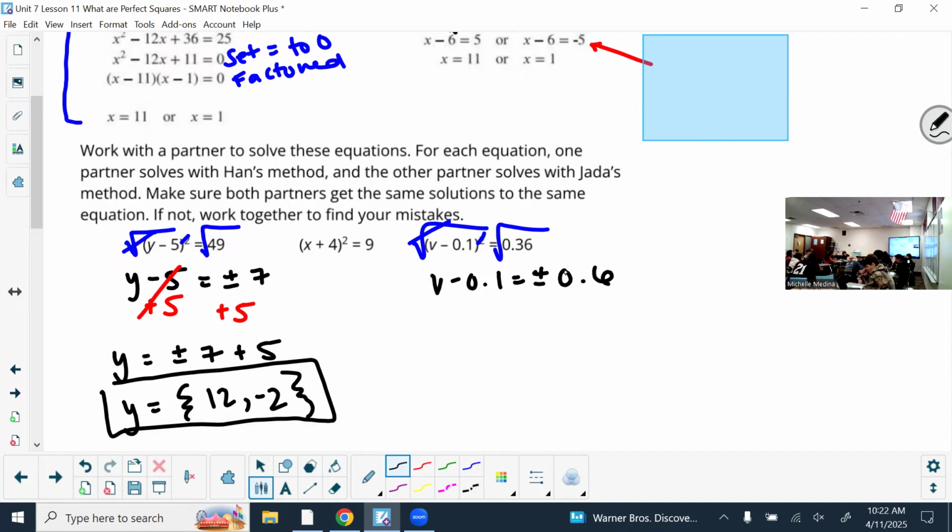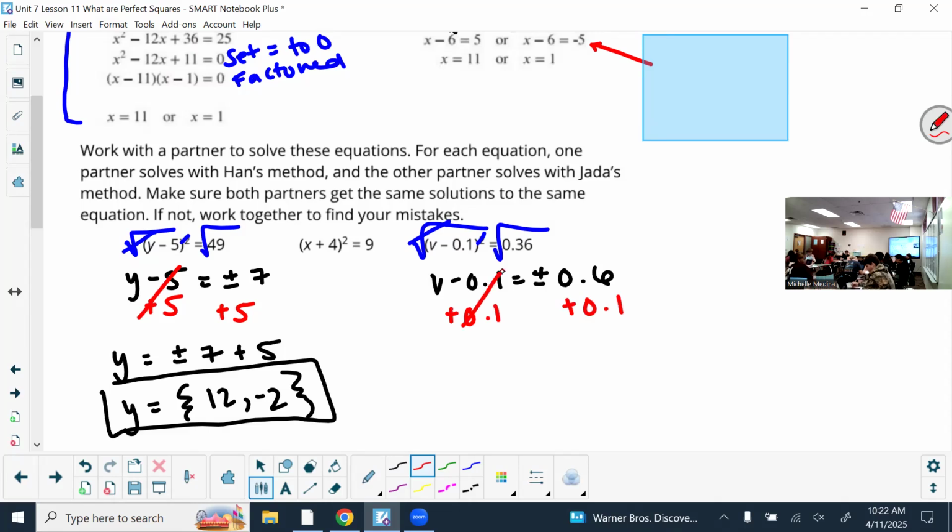Table 6, what would be the next step? How do I get the v fully by itself? Add 0.1 to both sides.